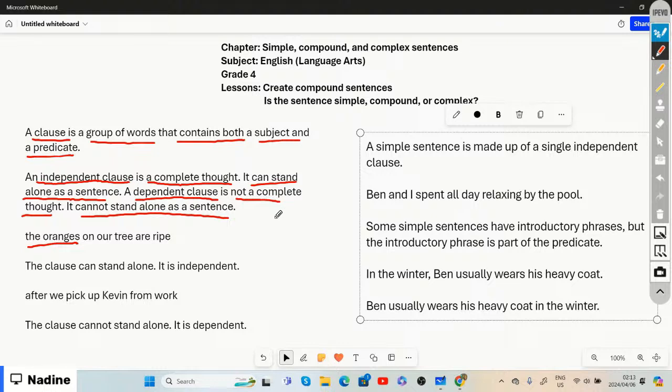And then the oranges on our tree are ripe, and that is our predicate. Which means that it has a subject as well as a predicate, and that makes that sentence an independent clause because that clause can stand on its own. The oranges is basically the subject, it tells us what it is. So the oranges on the tree, they are ripe.